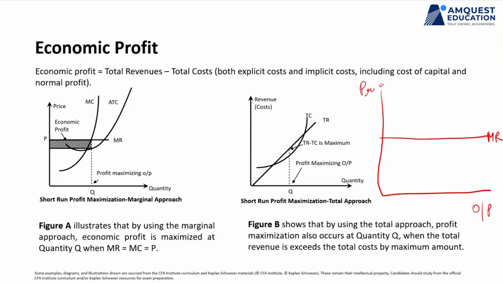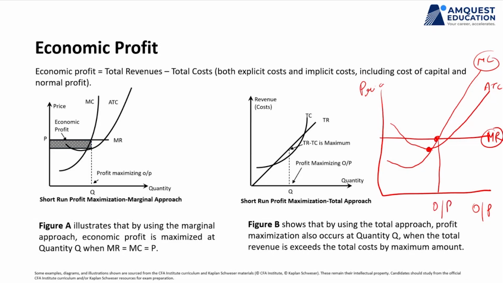Okay, now you know that the ATC curve, I'll do only the ATC curve, goes first down and then it goes up. The MC curve is always down, then intersects here and then it pushes it up. Correct? It intersects the ATC curve at the lowest point. Now you learned from my earlier diagram, correct? That where my MC curve and MR curve meet is the point at which I will maximize my profit. So this is the output I'll produce.